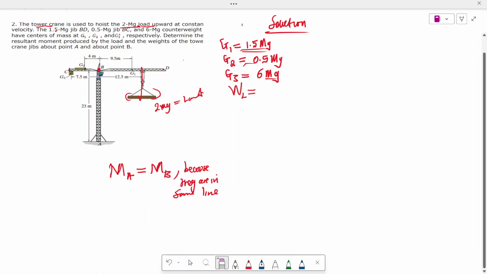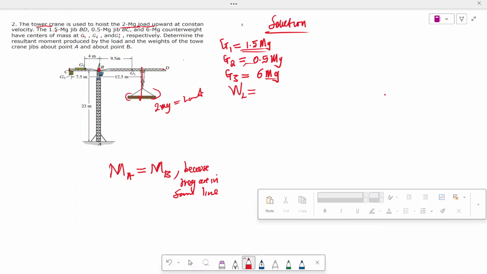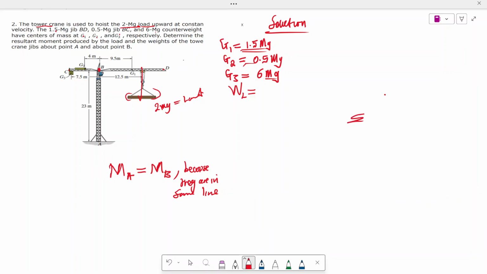So I'm going to start with G1. We are going to convert it into weight, or rather force.